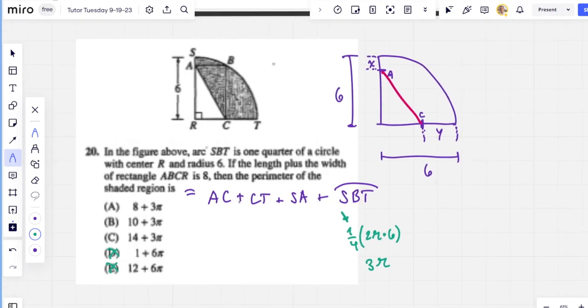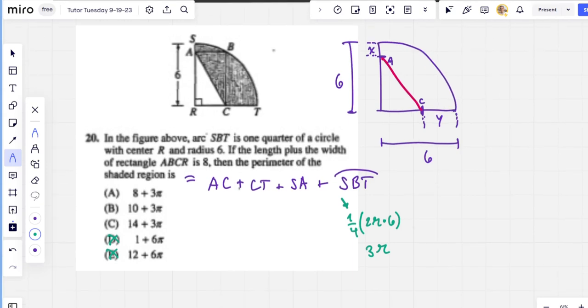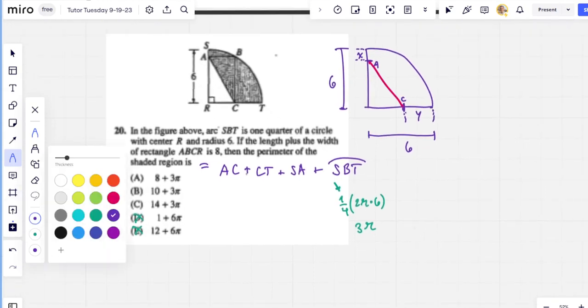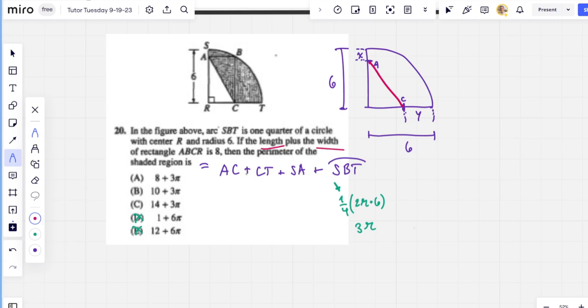We've got this one is equal to x, this one's equal to y. That's interesting. Well, one piece of information that I haven't used yet is that the length plus the width of the rectangle is 8. Of course, the length and the width are going to be RC and AR.